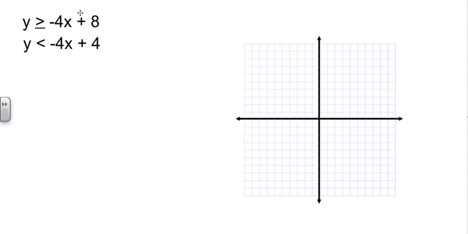The first line goes through 8 and goes down 4 over 1. So 8, down 4 over 1, down 4 over 1.